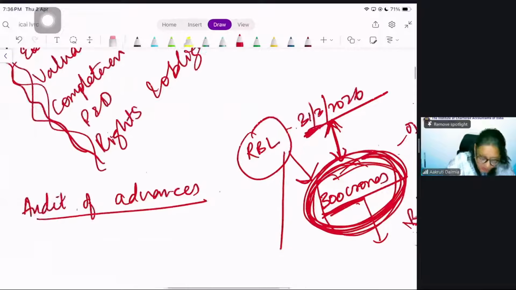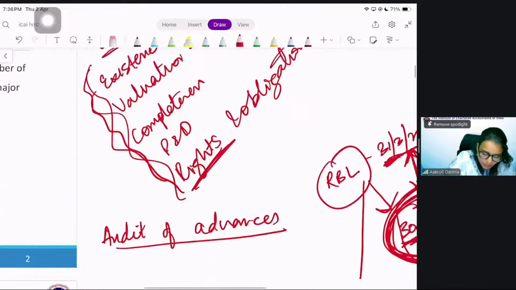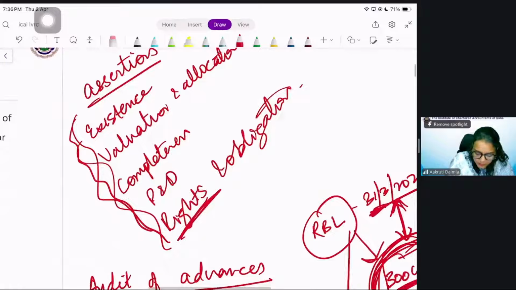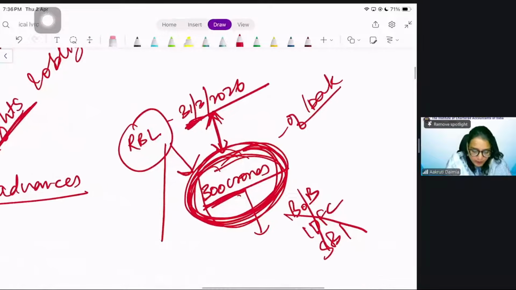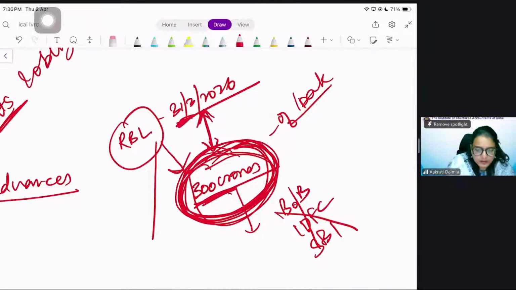So what are we checking? Rights. We are checking its rights. Okay? Then, whatever this is showing, if it is showing 300 crores, I can check its existence by asking for documents.